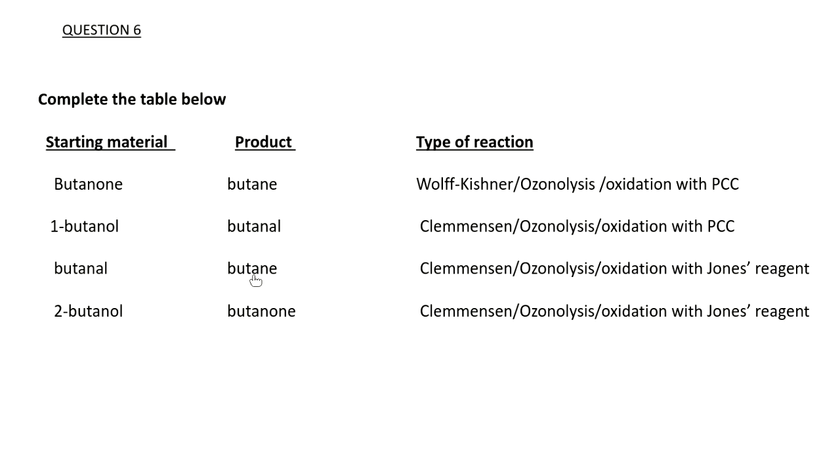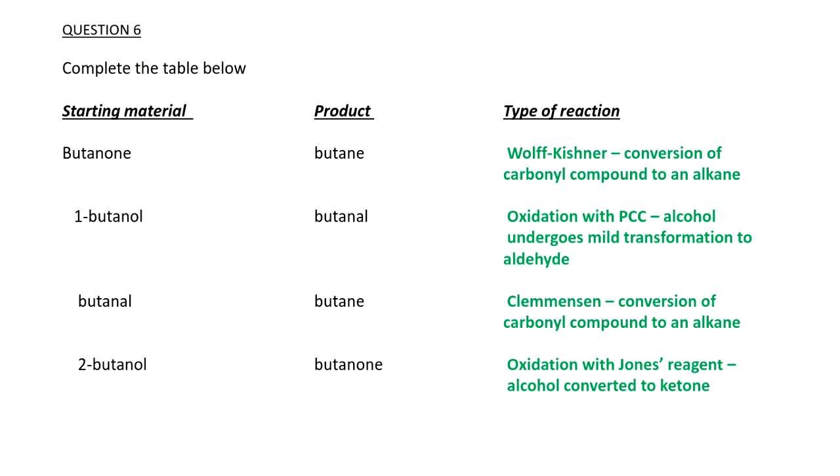Is there anything else we could have used? Very good, Crystal. Wolff-Kishner could also have been used. Okay, how about 2-butanol to butanone? Very good, oxidation with Jones reagent. Wonderful. So you guys are on top of things. Great.